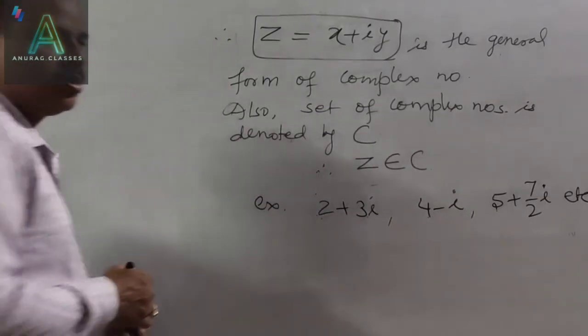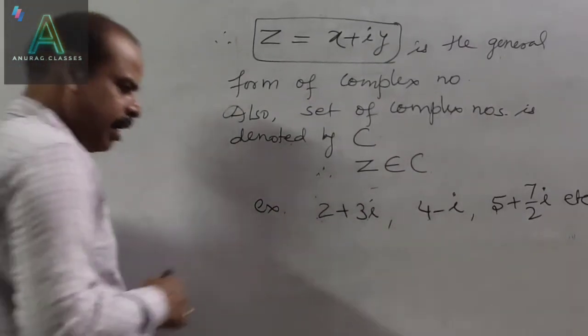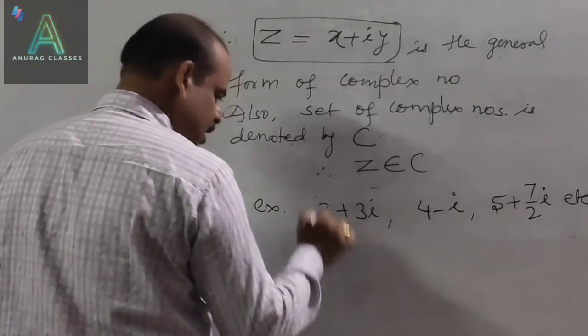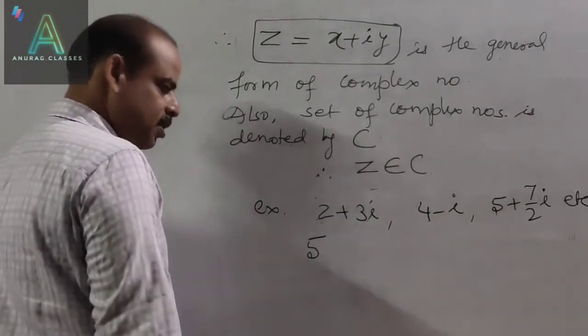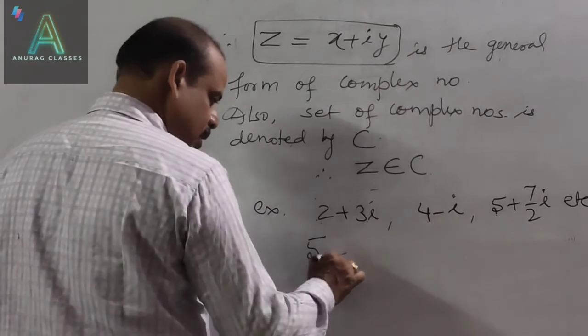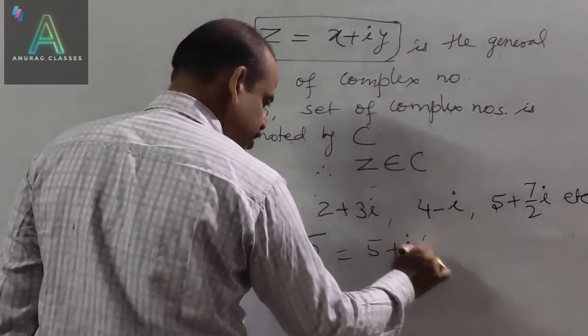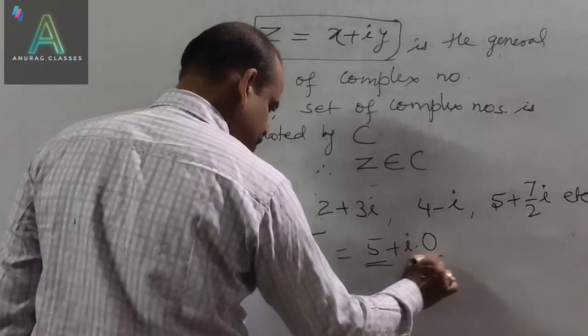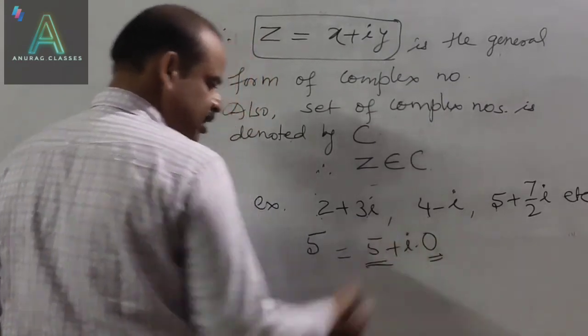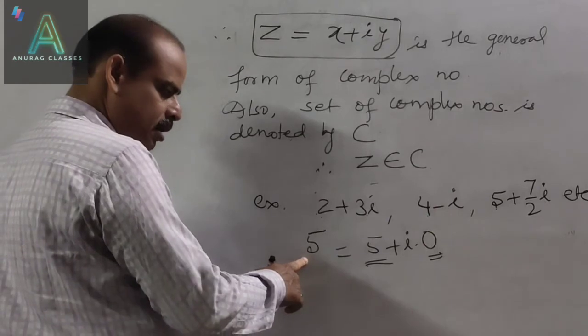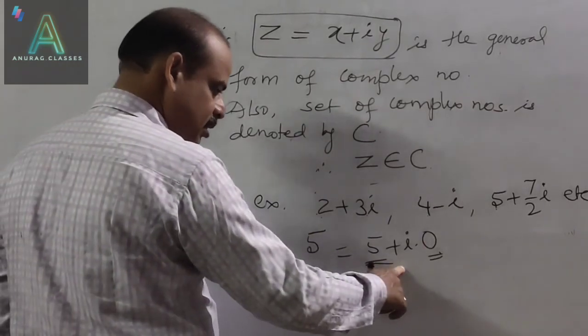The next question is, can we take 5 as a complex number? Yes, because 5 can be written as 5 plus iota into 0, where 5 and 0 both are real and iota is imaginary. So every real number can be written like this.